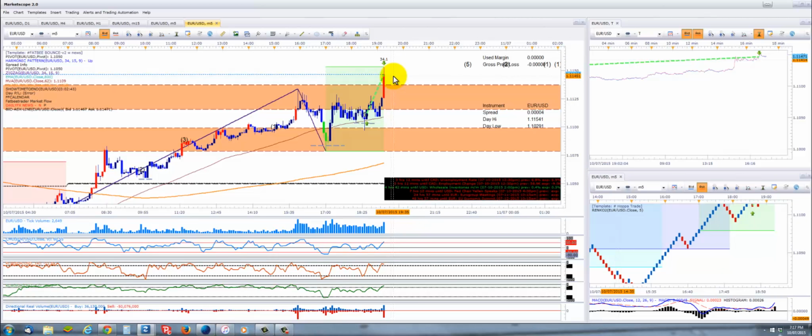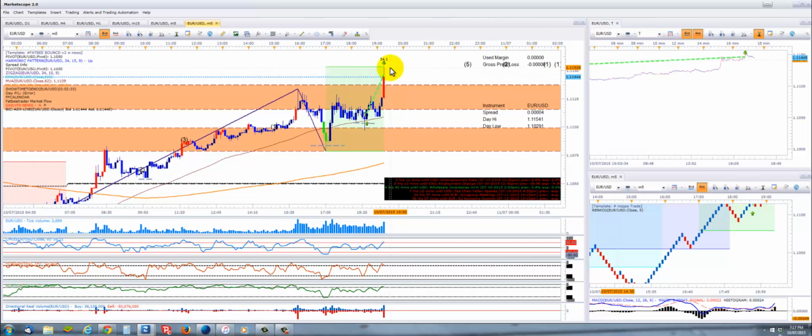But in this instance, we've almost got the high there. And it'll be interesting to see what this does over the next hour or so. But as you can see, that's a great example of how to get in and out using other people's liquidity or stop losses as a target for your trade.